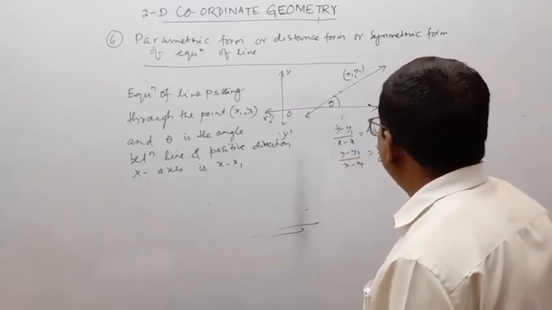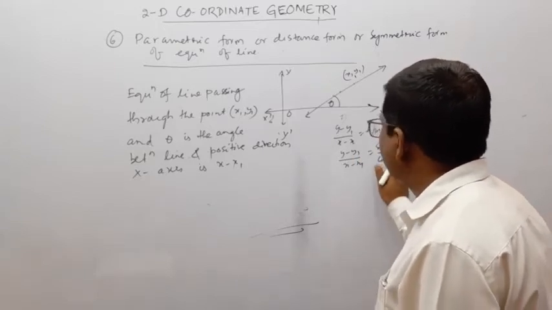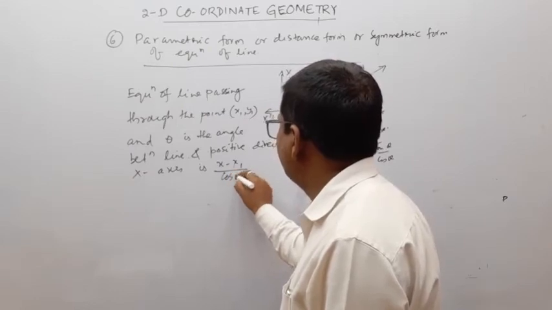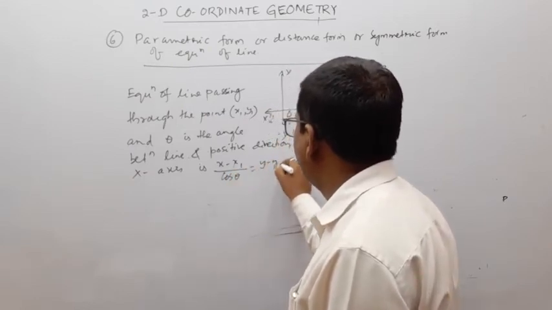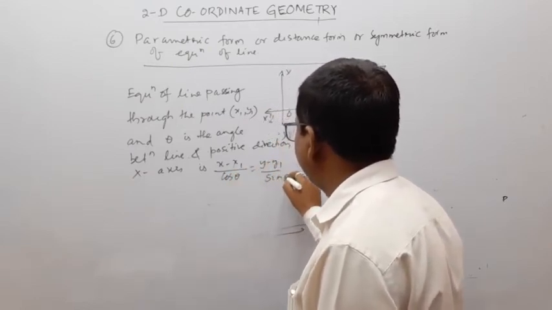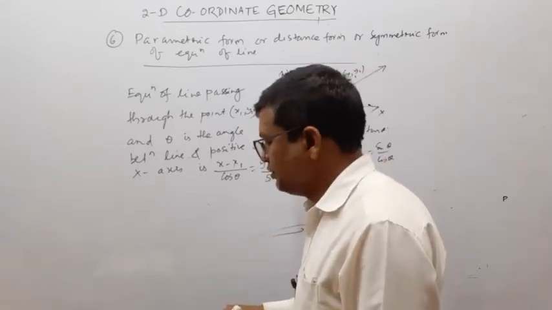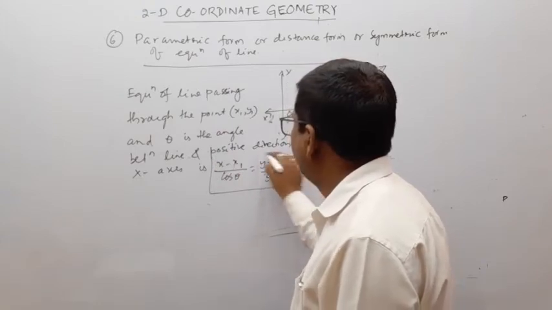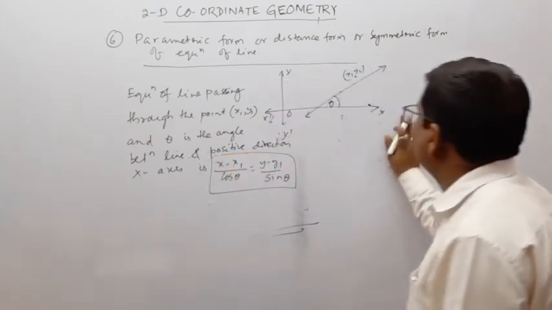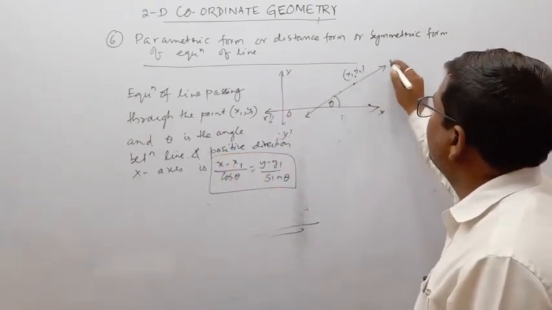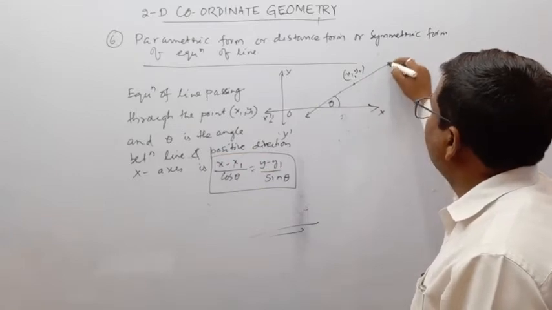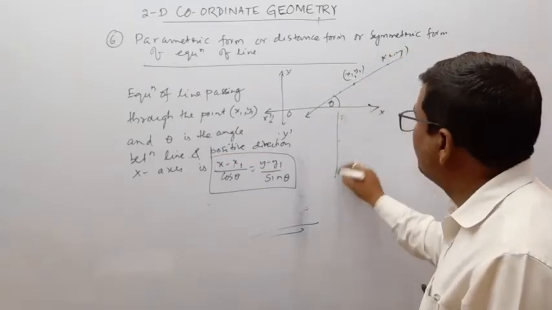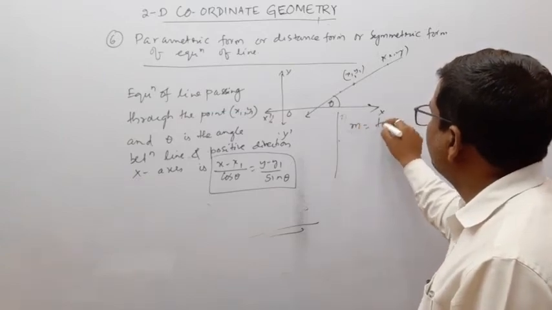So x minus x1 by cos theta is equal to y minus y1 by sin theta. This is the symmetrical form of the equation of line. How is it obtained? We know that, suppose x1 y1 is a point and P of x y is any point, then the slope m is equal to tan theta.